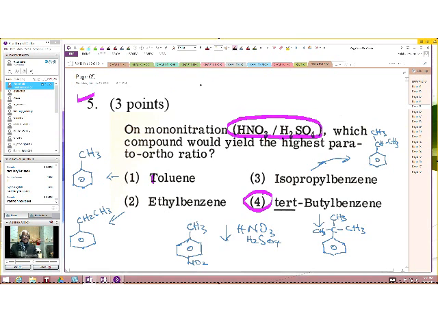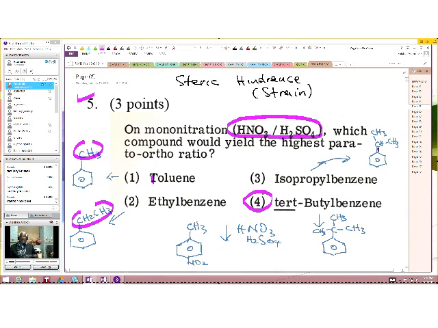Because of steric hindrance, or sometimes we call it steric strain. Look at all of these substituents: the methyl, ethyl, isopropyl, and then the tertiary butyl.